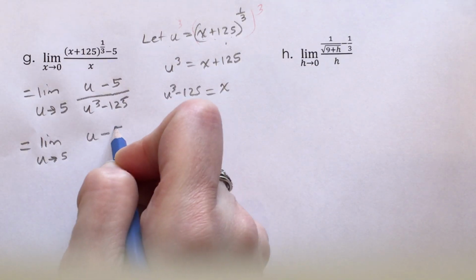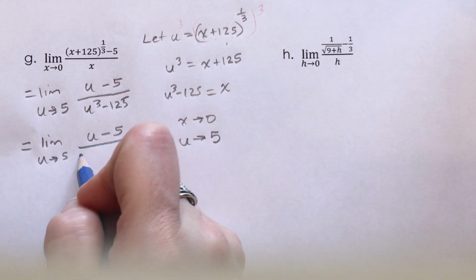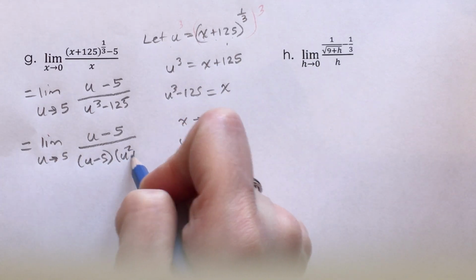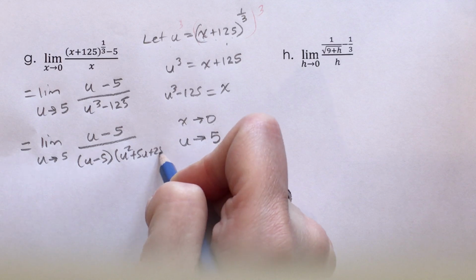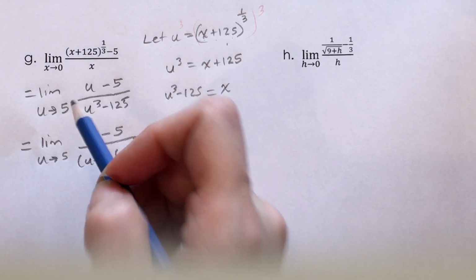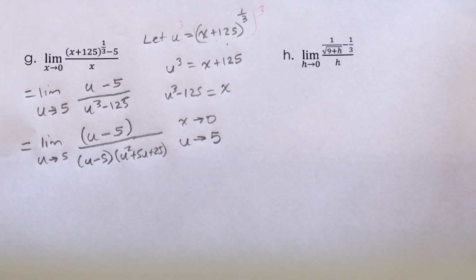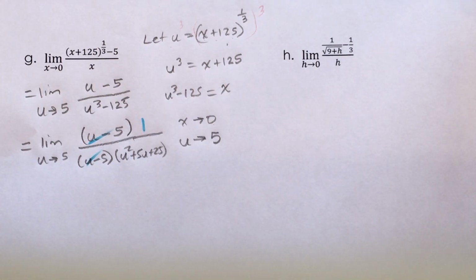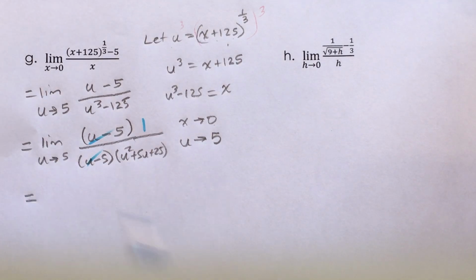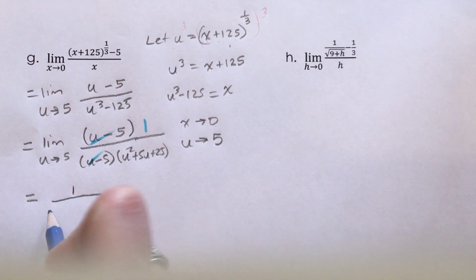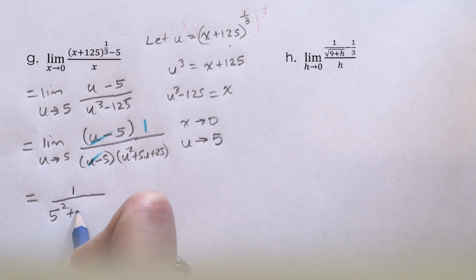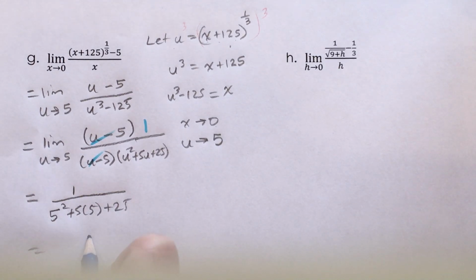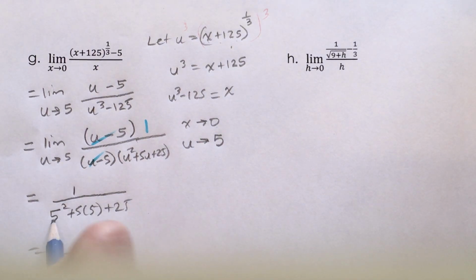So u minus 5 over, difference of cubes is going to be u minus 5 again, times u squared plus 5u plus 25. Our u minus 5s are going to divide out, leaving us with 1 in the numerator. Then it's safe to let u approach 5. So we're going to have 1 over 5 squared plus 5 times 5 plus 25, which is 1 over 25, 50, 75.